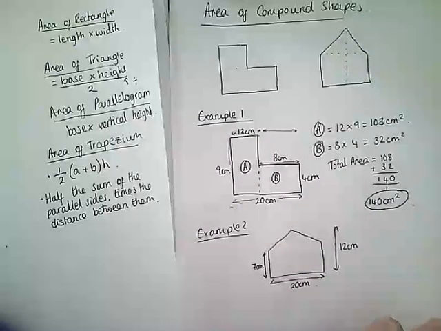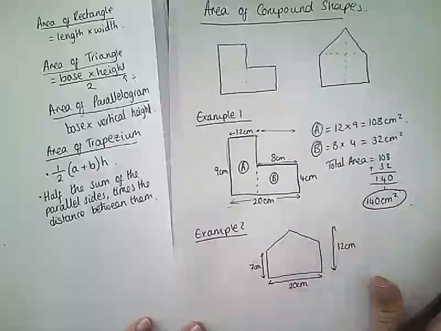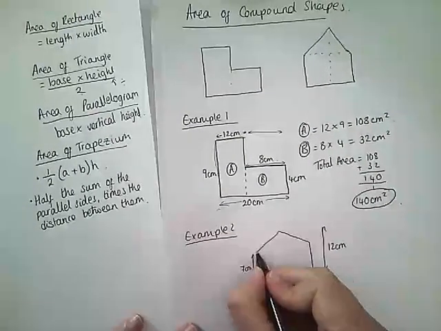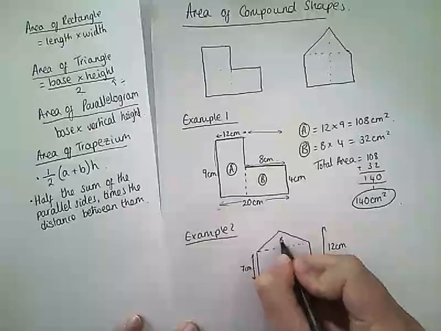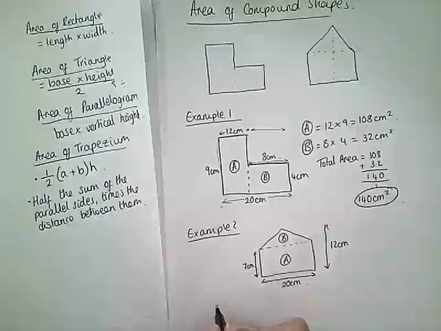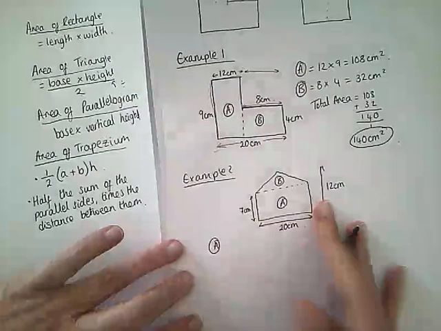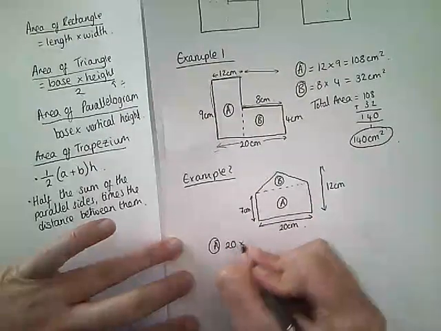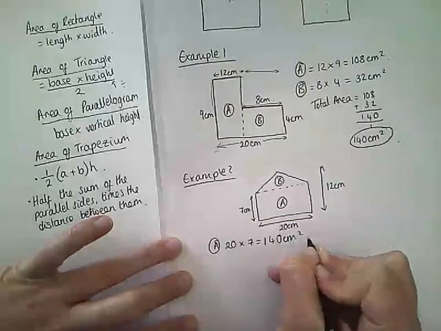You can split it into trapeziums, but it's probably easier if you split it into a triangle and a rectangle. So here I'm going to cut it across there, and I'm going to call this shape A and this shape B. Now A is just a rectangle, and the rectangle has lengths 20 and 7. So 20 times 7 is 140 centimetres squared.